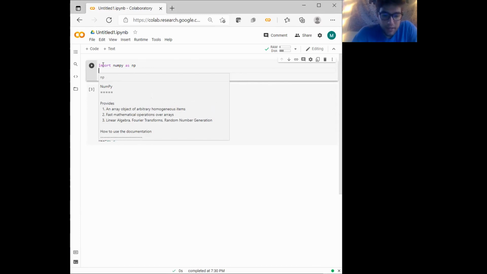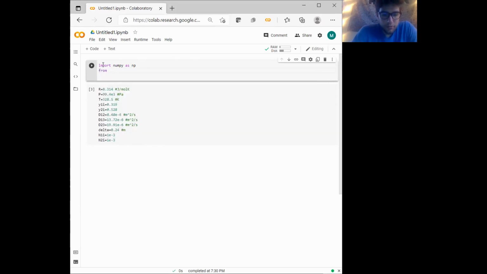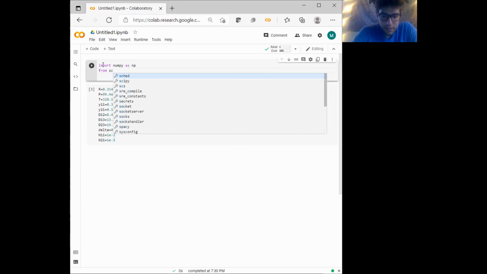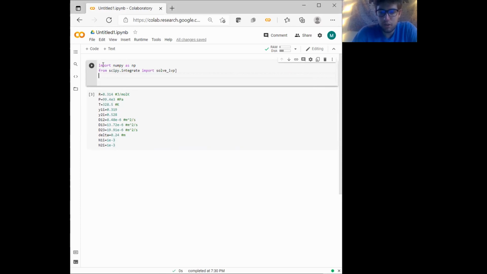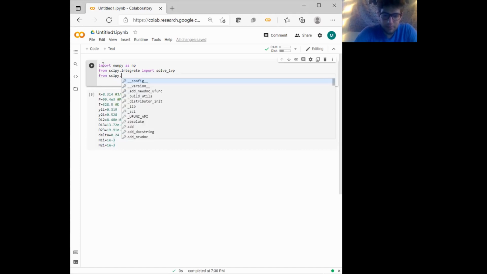We're going to go from SciPy dot integrate, which is an integration toolbox, and import the solve IVP function, which will help us solve our initial value problem once we create it with our Stefan-Maxwell diffusivity equations.